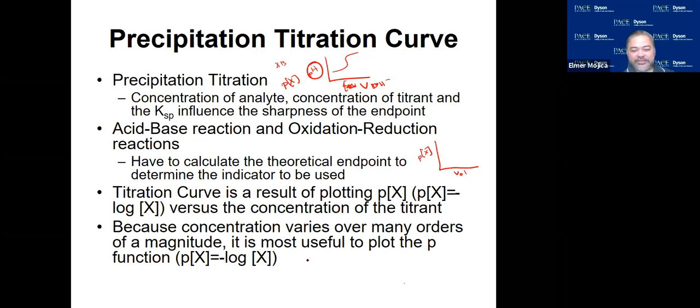So the main reason here is instead of writing 1 times 10 to the negative 14, it's much better to write it in terms of the function px. In pH, instead of writing 10 to the negative 7 or 10 to the negative 8, you just write the equivalent pH of that.